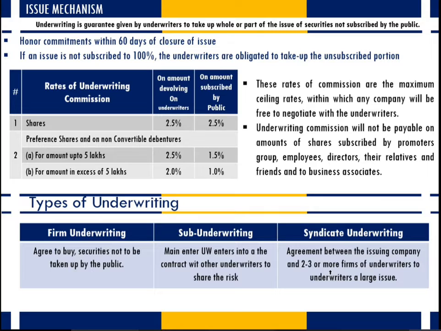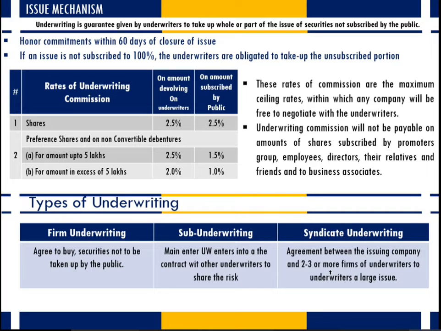But let's say option number 3, a company has issued 100 shares and 10,000 people have applied. In this case, technically speaking, you don't even need underwriters. But let's say as a precautionary measure, you had already entered into an agreement, and now you don't need an underwriter because you're in a very good situation.